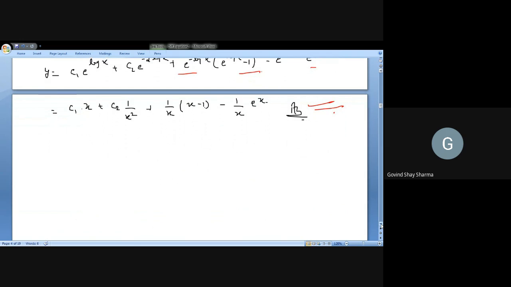Now the second one is: solve x squared d2y/dx2 minus x dy/dx plus 4y equal to cos(log x) plus e to power z.